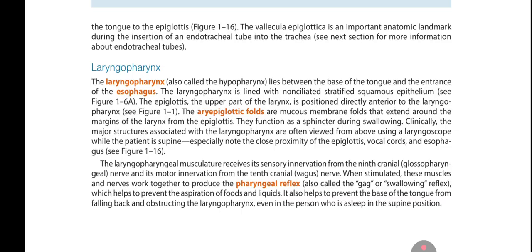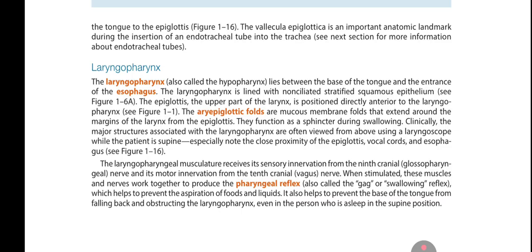But here we have the laryngopharynx, which is also called the hypopharynx. It lies between the base of the tongue and the entrance of the esophagus. This part was kind of difficult for me before, and I suppose that now I kind of get the hang of it, but I still need to find more information about this.